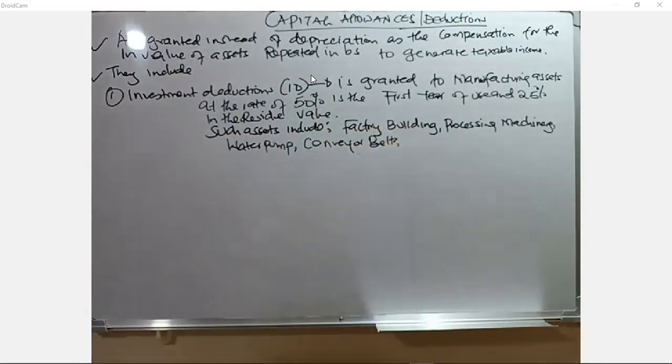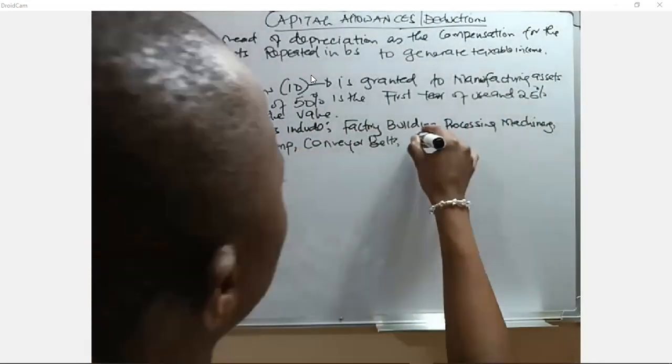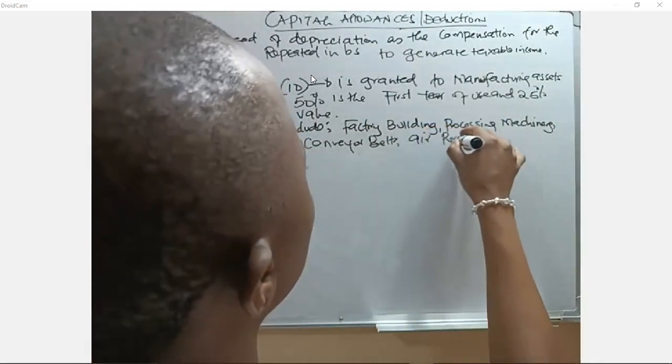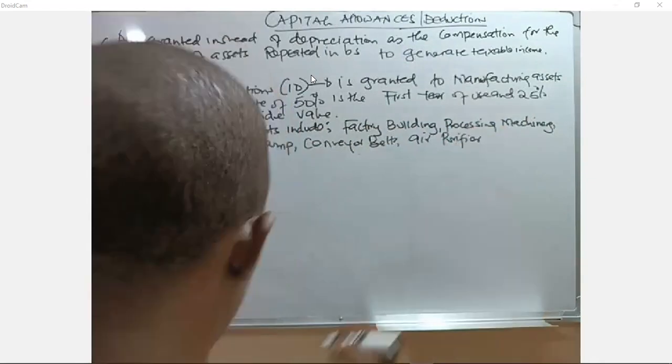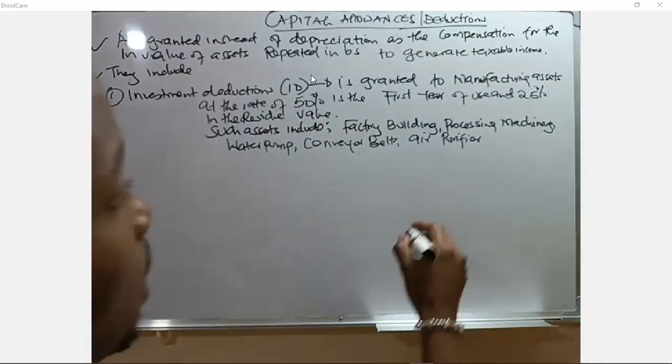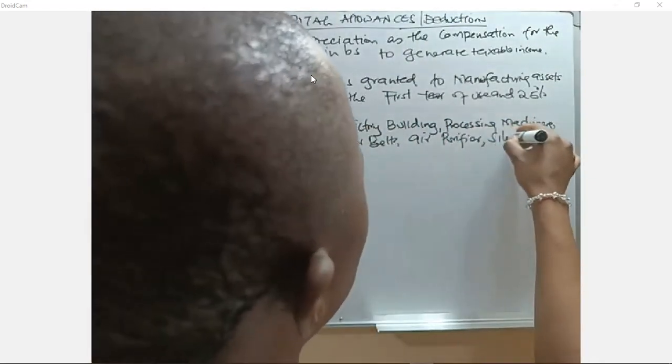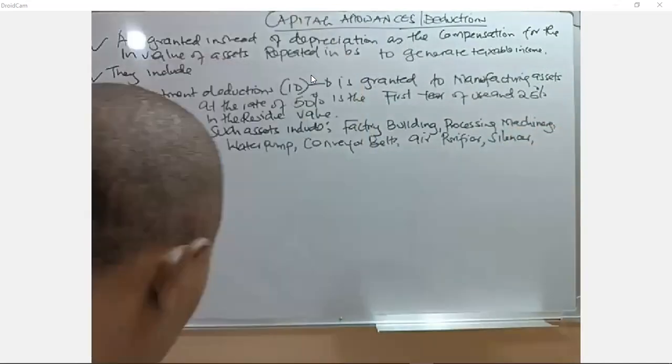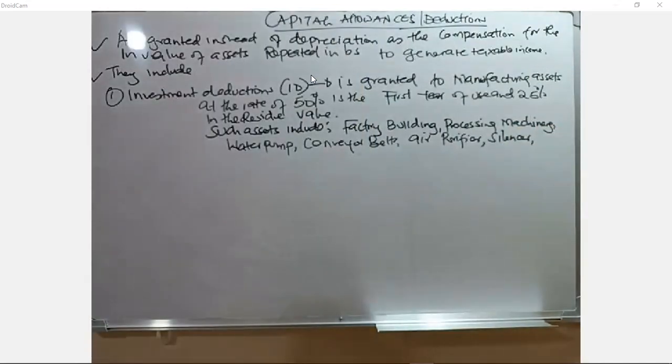Right? We normally have air purifier. And any other asset that qualifies here, we have silencer, right? We also have workshop machinery.